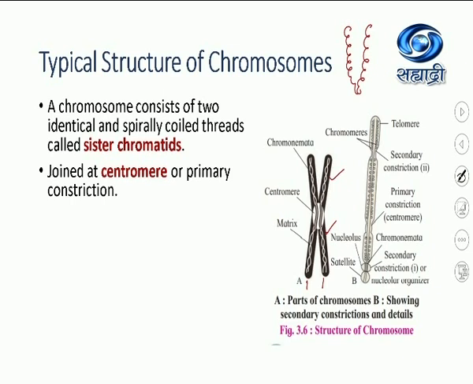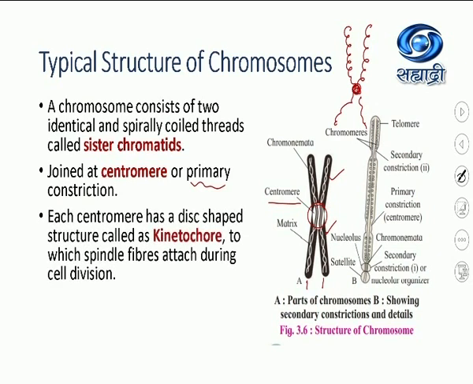They are joined at the centromere. This region is called the centromere. It is also called the primary constriction. So they are joined at the centromere like this. Each centromere has a disc-shaped structure. I'll show it with some other color, green. There is a disc-like structure on the centromere, and it is called the kinetochore.